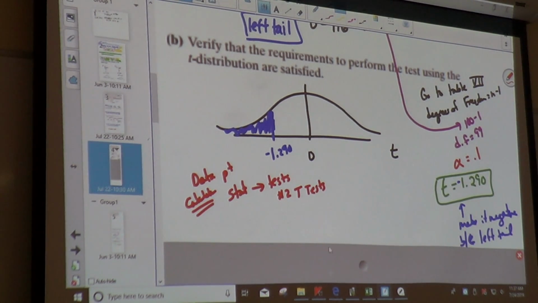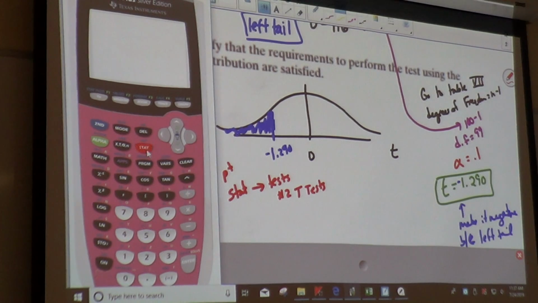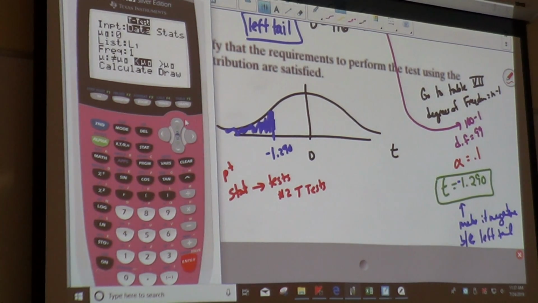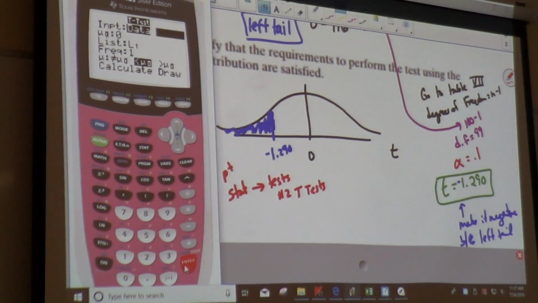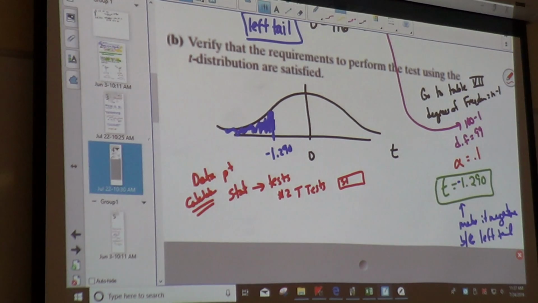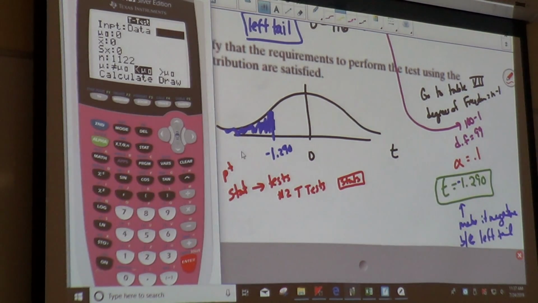We want to make sure we highlight stats, because we're not using data over anything, we're doing stats.